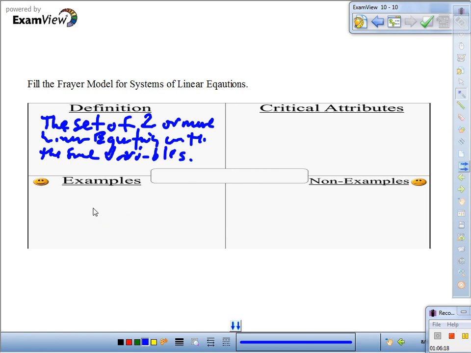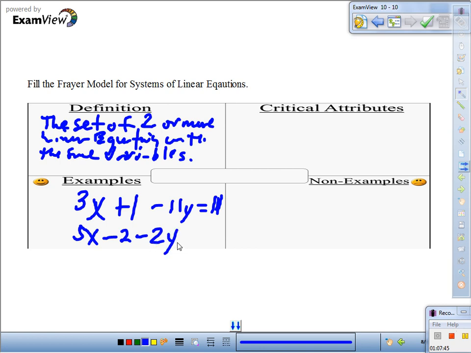Ryan. 3x plus 1 minus 11y. Okay. Hands if you agree with that?